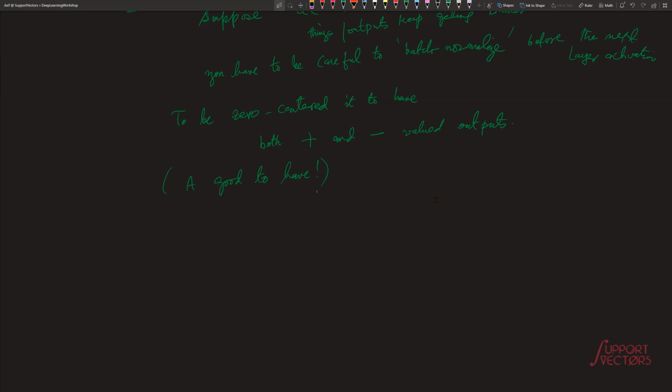Follow-up question there, Asif, for zero-centeredness. Are there instances where it's okay to allow a particular layer of our model to have just positive outputs? It is perfectly okay. And this was one of the realizations. We'll talk about it when we discuss the different activation functions. Not all of them are zero-centered. Fortunately, things like batch normalization come to our rescue, because it zero-centers the input before it becomes the input to the next layer.